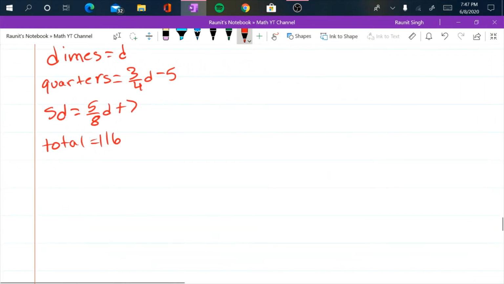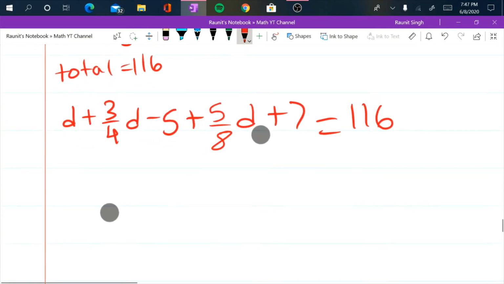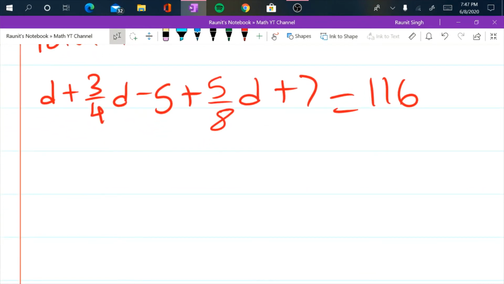So we're going to have D plus 3/4 D minus 5 plus 5/8 D plus 7 is equal to 116. Okay. So now we're going to find the common denominator for the D's, which is 8.